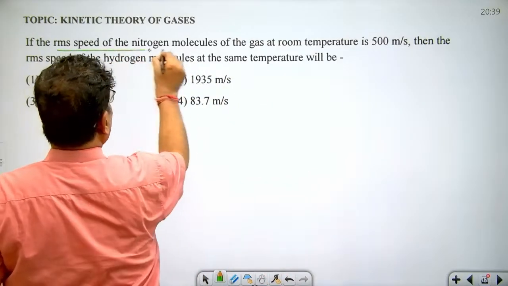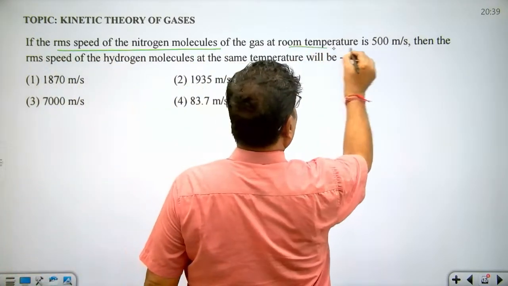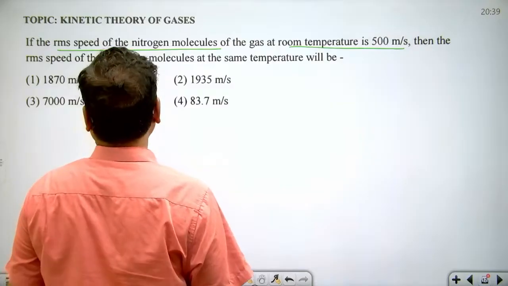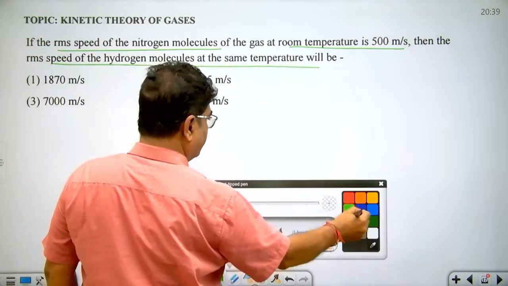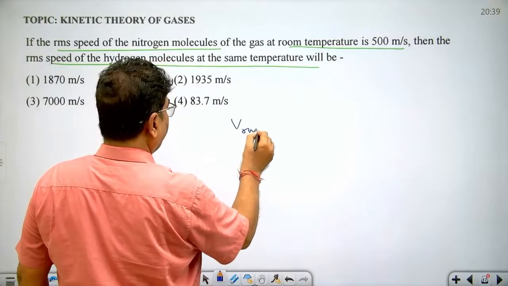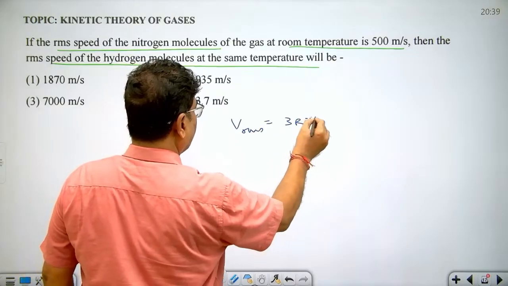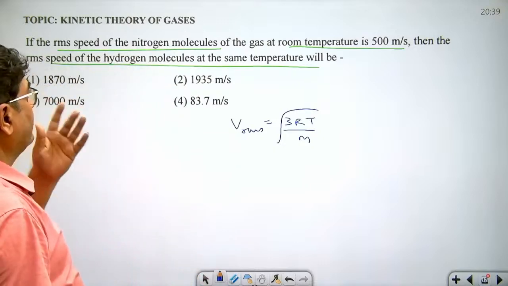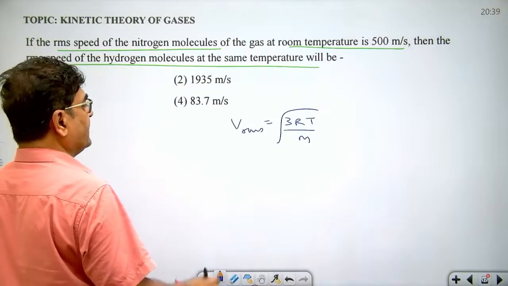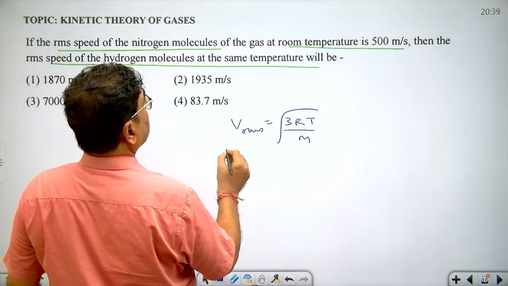The RMS speed of a nitrogen molecule of the gas at room temperature is 500 meter per second. Then what is the RMS speed of the hydrogen molecule at the same temperature? Very simple. V RMS equal to under root 3RT upon M. Now, temperature is the same, so RMS speed is inversely proportional to under root of molar mass.